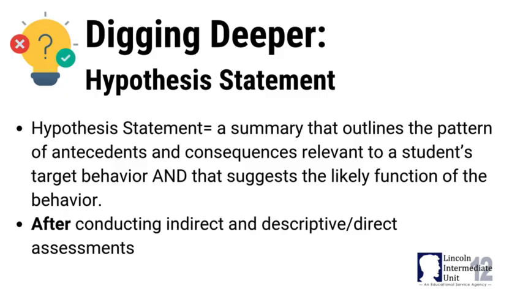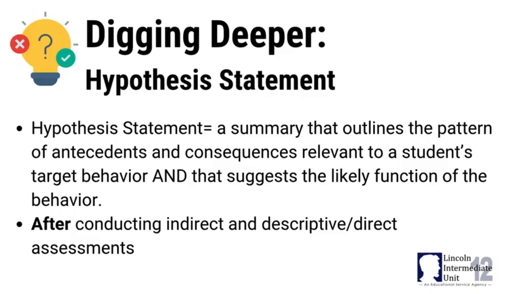When we dig into what a hypothesis statement is, the definition would be a summary that outlines the pattern of antecedents and consequences relevant to a student's target behavior, and it's a statement that suggests the likely function of the behavior. So if we were to pull this definition apart, because it is a little bit wordy, it is a statement that's going to summarize any patterns we notice and what happens before or after a student's behavior.